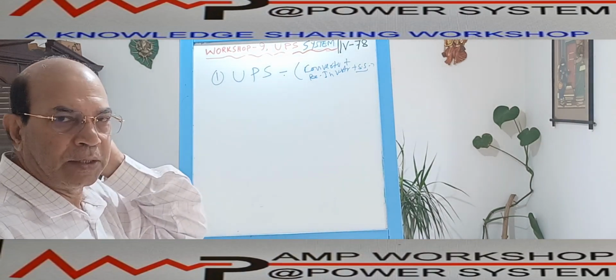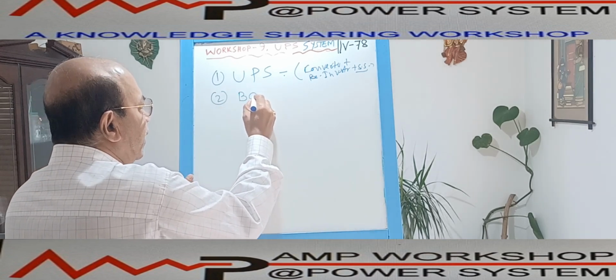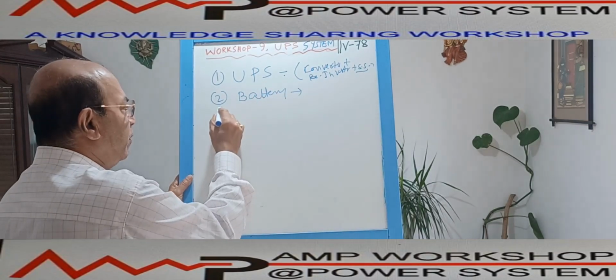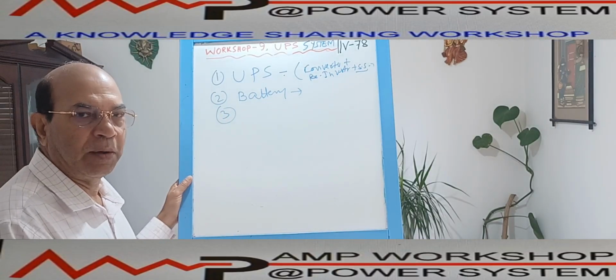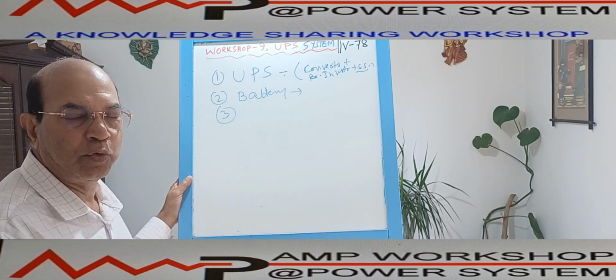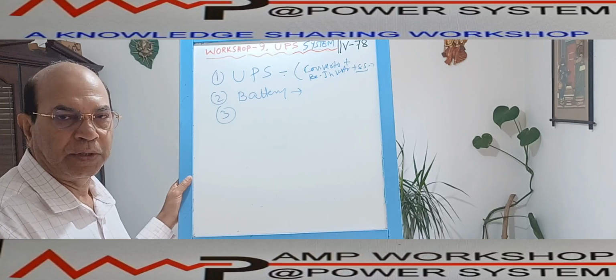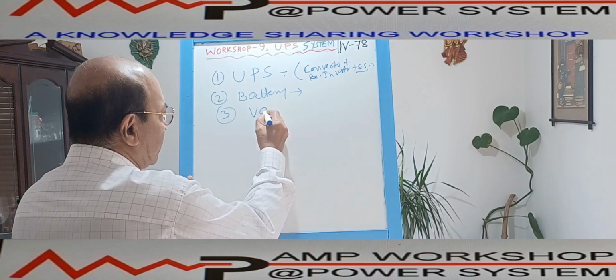Then the second subsystem is the battery. The third subsystem is the various cables: the input cable of the UPS, output cable of the UPS, static switch bypass cable of the UPS, and the maintenance bypass cable of the UPS.